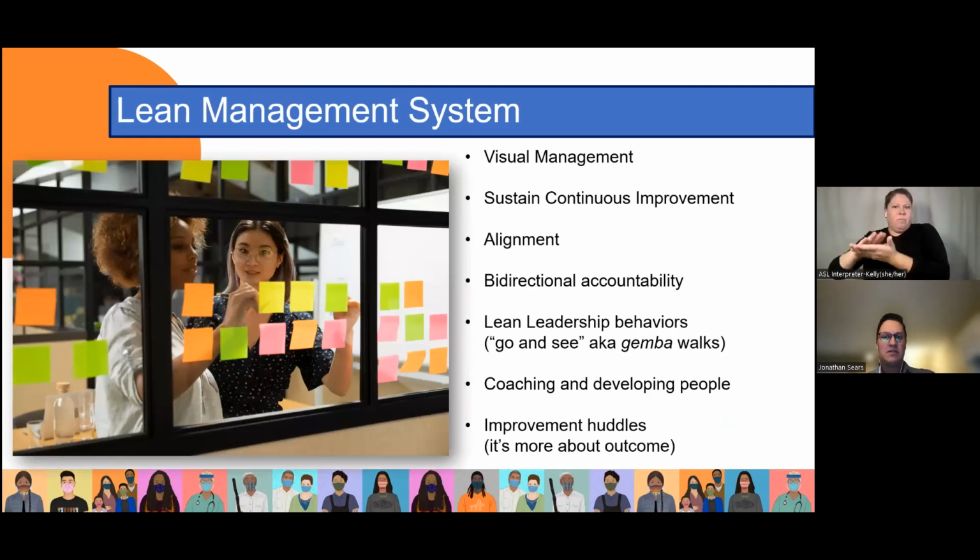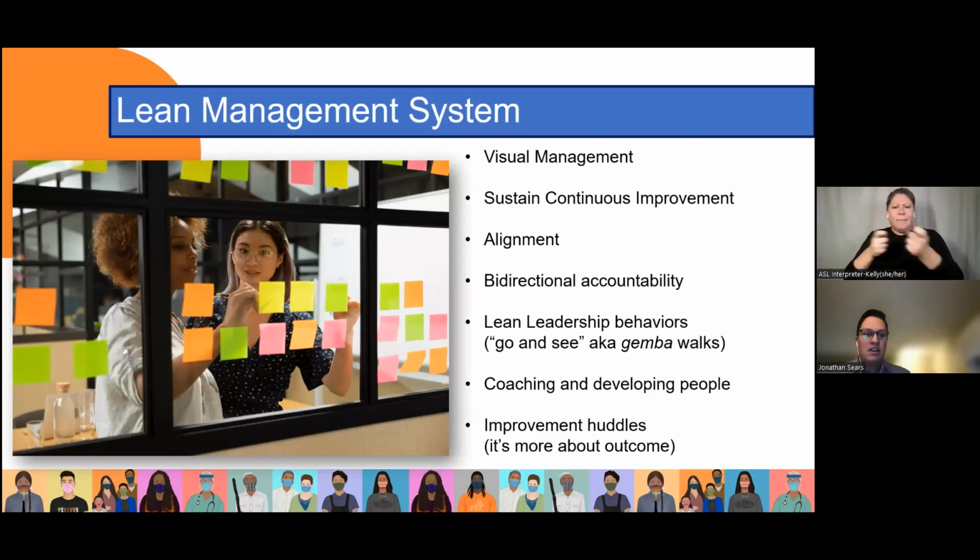And so these past few slides have shown a lot of these great lean concepts we've been working to instill within CDPH. We've focused a lot of our presentation so far on the specific improvement work we've been doing. We're also looking to embed and build out the management side of our lean transformation. I'm sure many of you are familiar with what a lean management system is, or what might be called a daily management system within your organization.